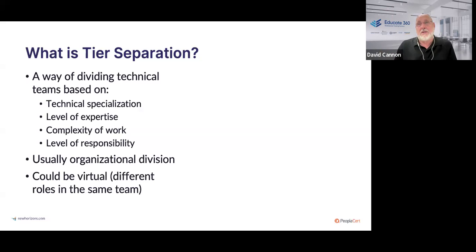If your level of responsibility is very high and you need to be able to make decisions about the technology that you're using, how you're using it, what you're acquiring, and so on, you will find yourself in probably a higher tier. Now, I don't want this to sound like high versus low, like that's a good versus bad kind of thing.